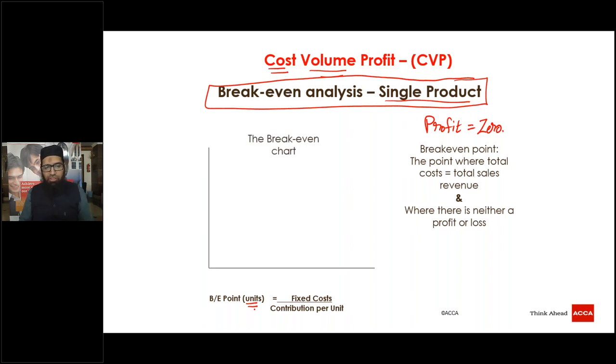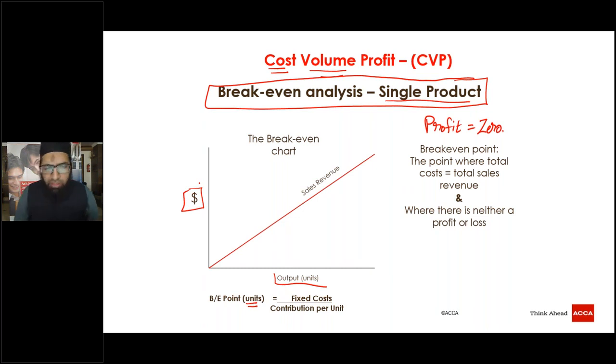So if we see the break-even chart, we have x-axis and y-axis. On the x-axis, we will be using units, and on the y-axis, we will be having the dollar. So that means I will be representing revenue and cost both in that. First of all, if I put a straight line of sales revenue, it will be something like this, because at 0 units, sales will be 0. But as the activity level increases, sales revenue will increase.